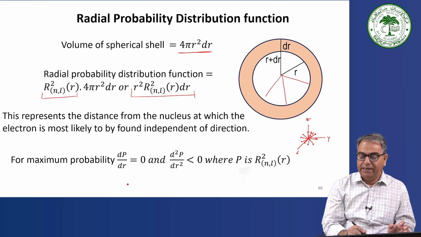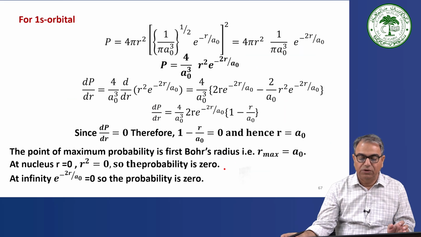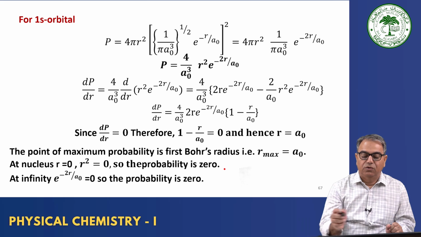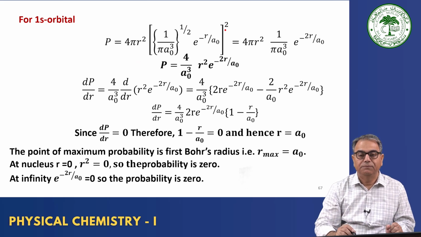If you double differentiate and it is less than 0, then you say the probability has a maximum. For the 1s orbital, you have 4 pi r square, then 1 by pi a naught cube, raised to the power 1 by 2, exponential minus r divided by a naught, the whole squared. This is the probability distribution function P.